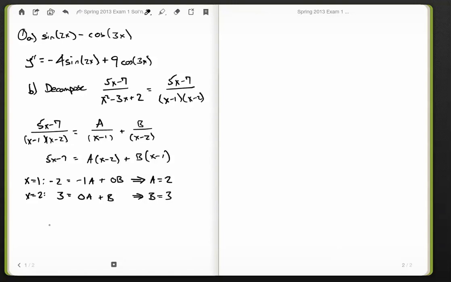And so that means this whole thing, when it's done being decomposed, will equal 2 over x minus 1 plus 3 over x minus 2. And I put a box around that final answer, and I didn't do that up here.